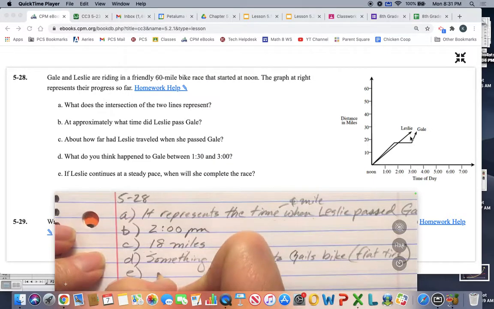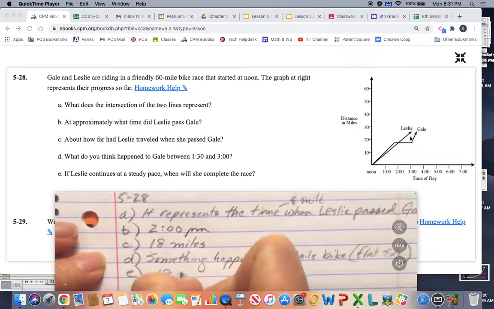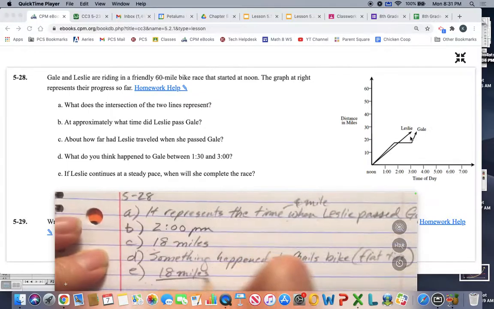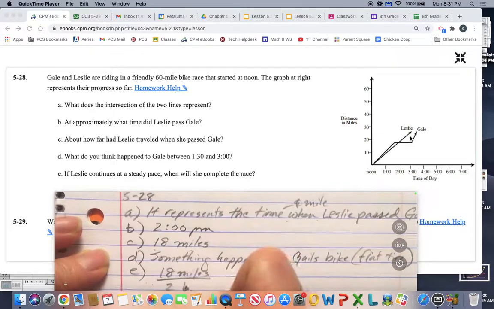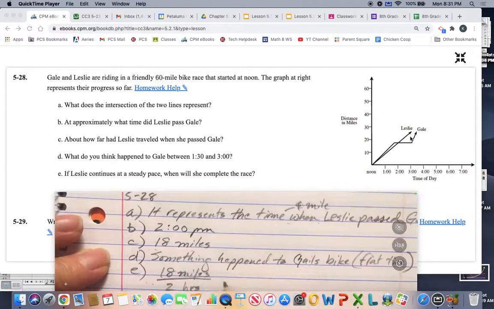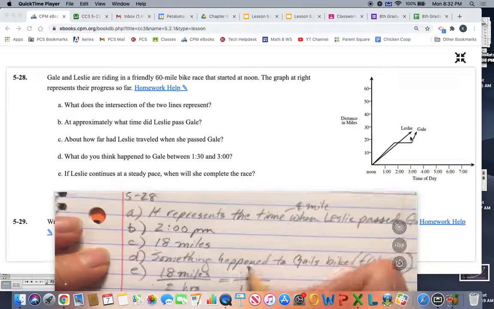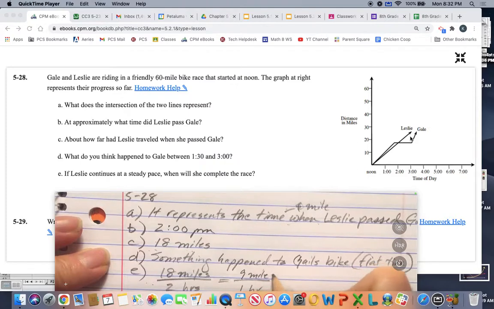So we can make a ratio of that, 18 miles to 2 hours. And then we could find the unit rate, which is 1 hour. So we just divide 18 by 2. So she was going 9 miles per hour. So that's her unit rate.